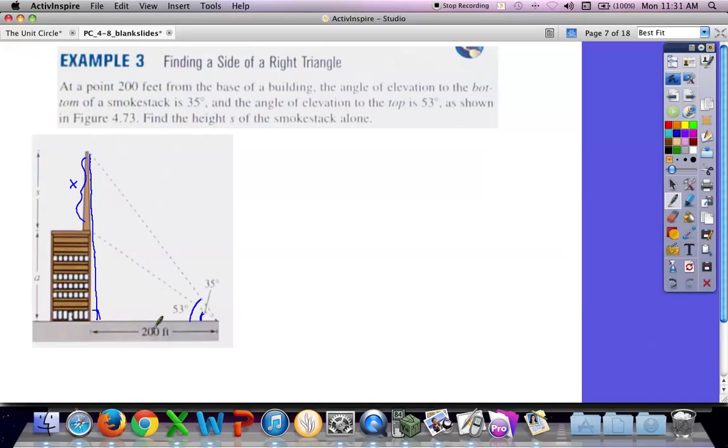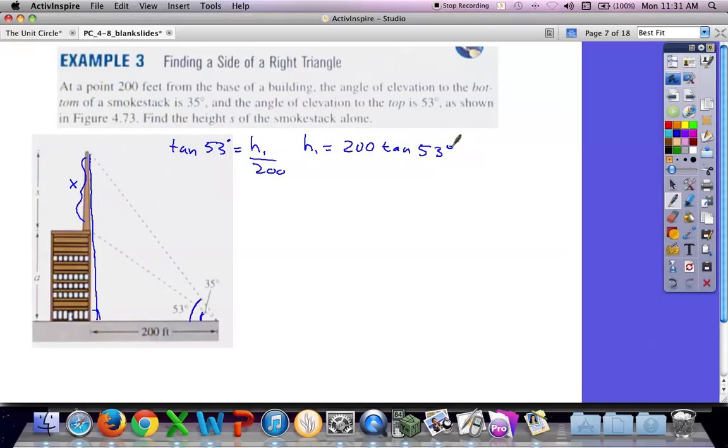I'll call it h1, okay? The tangent of 53 degrees equals h1 divided by 200. So h1 will equal 200 tan of 53 degrees.